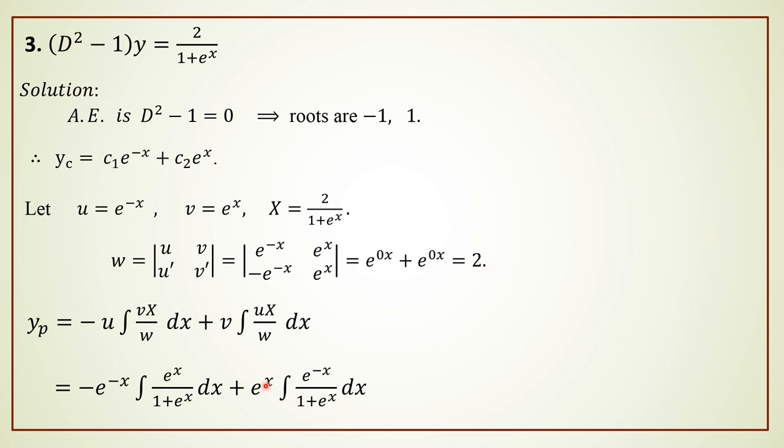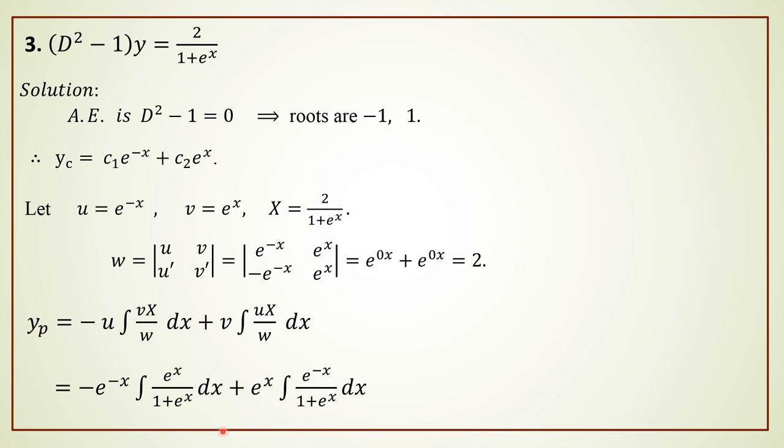So 2 and 2 get cancelled. So you have the integration of e^x divided by 1 plus e^x dx, plus v is e^x, the integration of u is e^(minus x) into X, that is 2 divided by 1 plus e^x, divided by the Wronskian, that is 2. So you have e^(minus x) divided by 1 plus e^x dx.